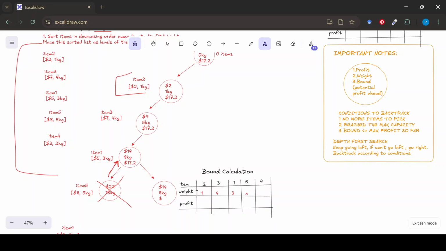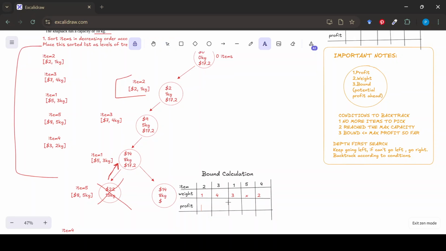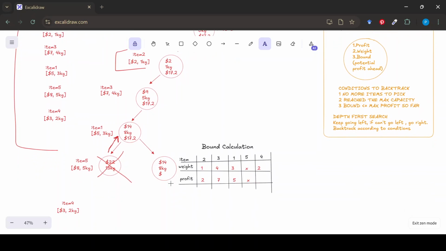So we can pick up item 4. So therefore, our profit will be 2 plus 7 plus 5 plus, here we won't consider item 5, and for item 4 it is 3.